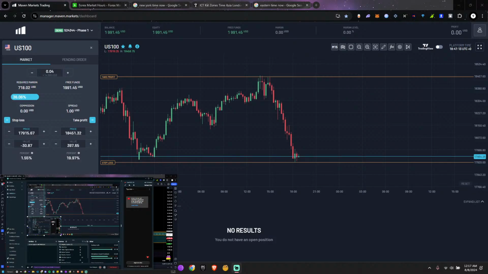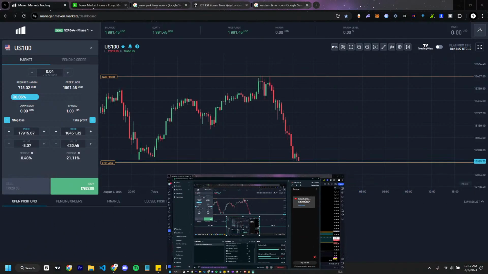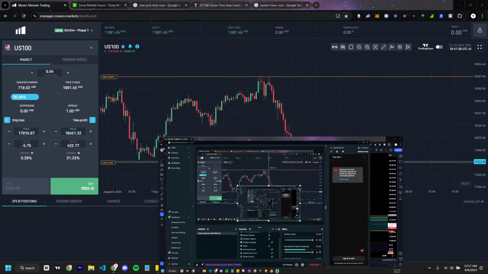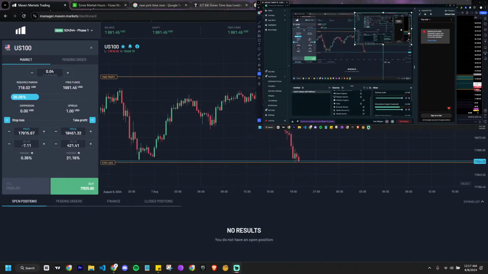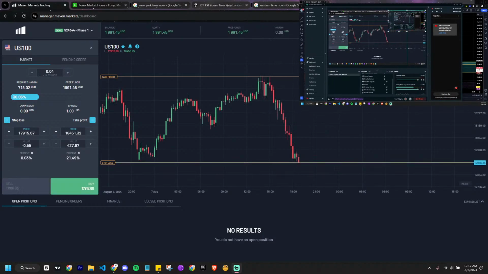So this is my main screen, as in my trade screen. Actually, let me make sure I do the inverse. Actually, this should be my second screen. There we go. Actually, you know what? Who cares? Let me put this here.